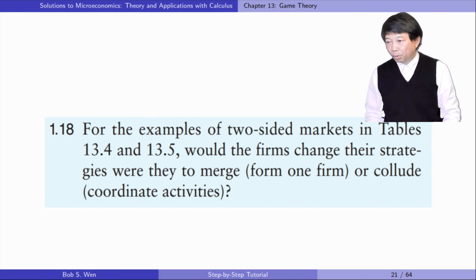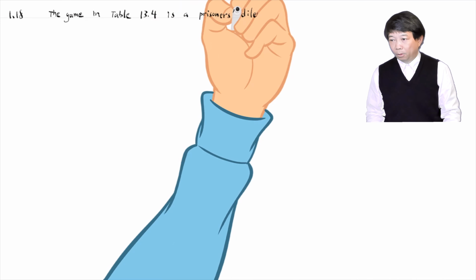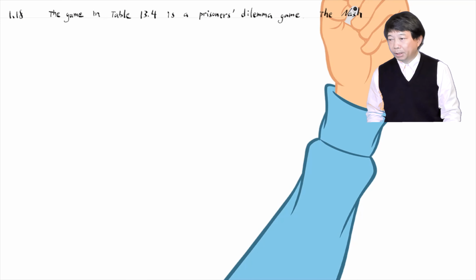Let's answer the last question. For the examples of two-sided markets in table 13.4 and 13.5, would the firms change their strategies were they to merge or collude? The game in table 13.4 is a prisoner's dilemma game.